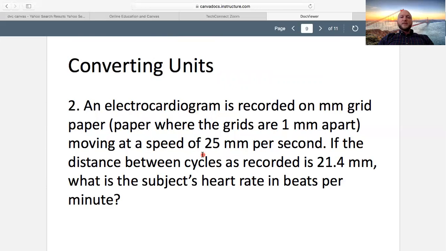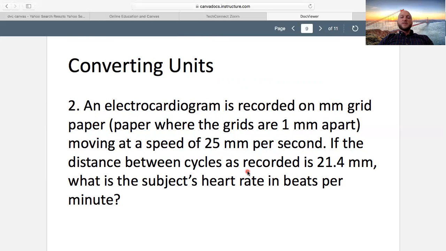So it's moving at a speed of 25 boxes or 25 millimeters per second. So for every second, that line that's going across crosses over 25 millimeters of graph, 25 one-millimeter boxes.